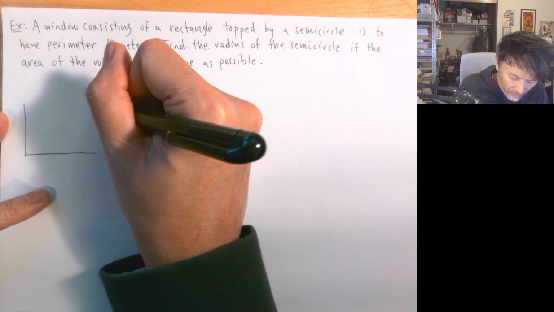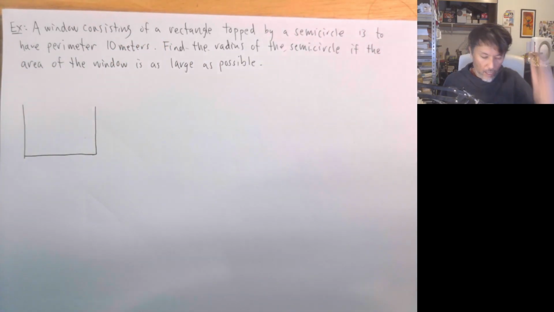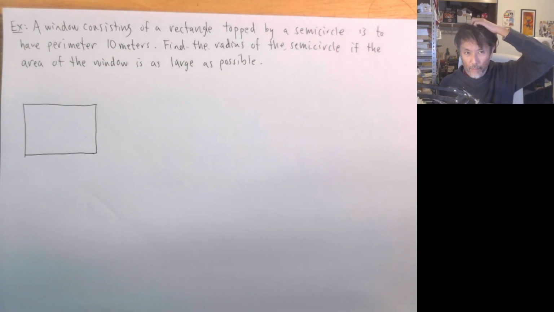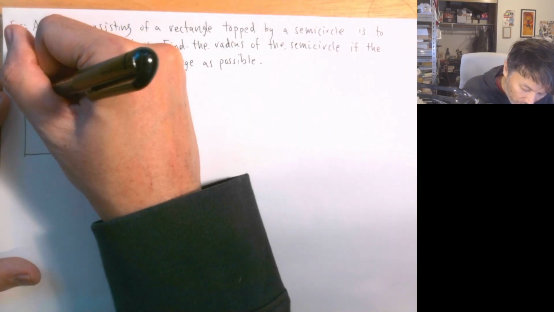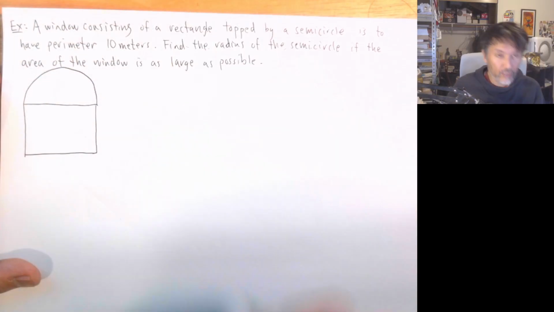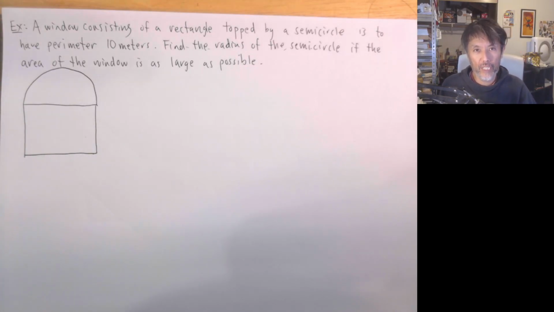Here is a rectangle, and atop this rectangle is a semicircle. Now we would like to write down the objective and the constraint.